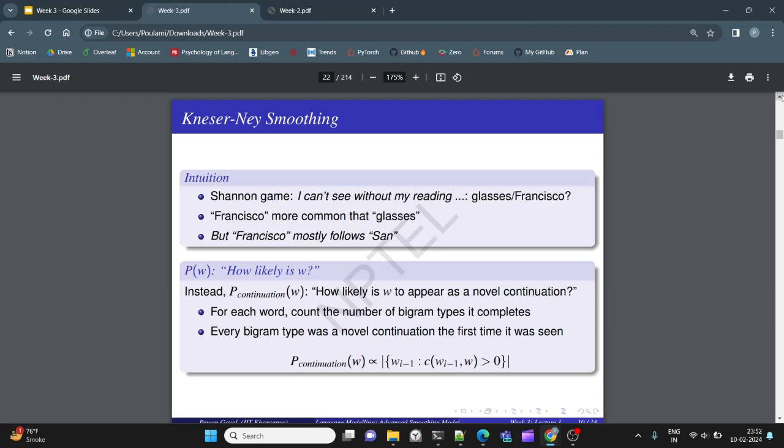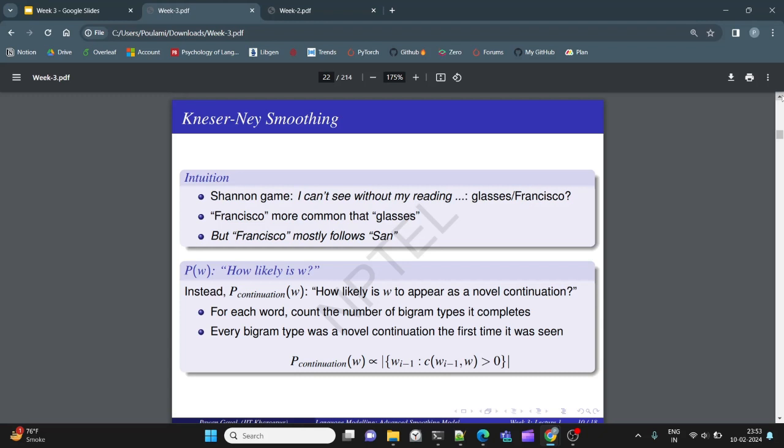So obviously Francisco also occurs a lot of times in the corpus, but it occurs only with San, and does not occur with any other word in the corpus. So the probability of occurrence of the bigram San Francisco is very high, but the probability of occurrence of reading Francisco as a valid bigram in the corpus is not very high. That's a very unusual bigram to observe.